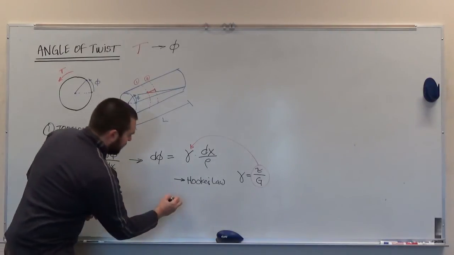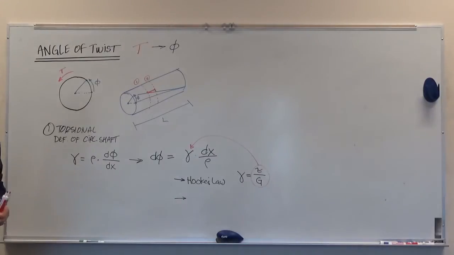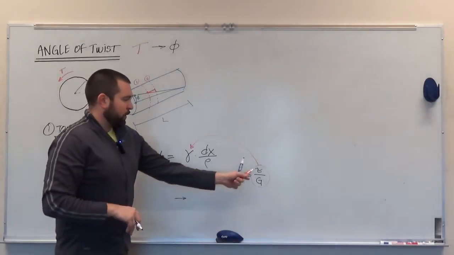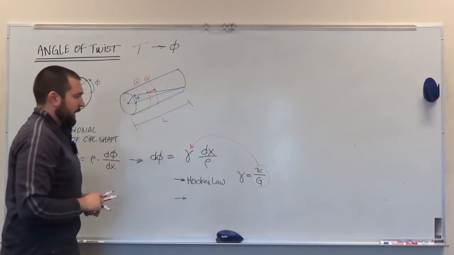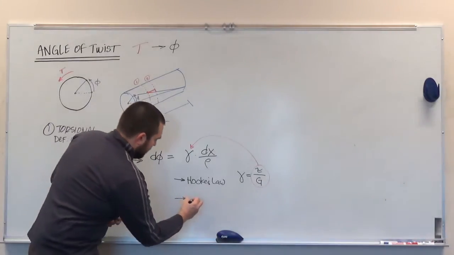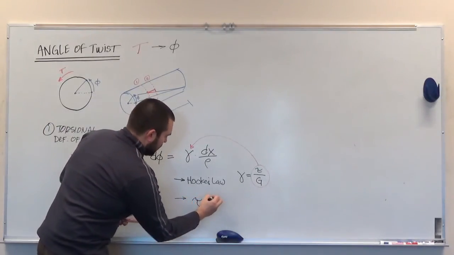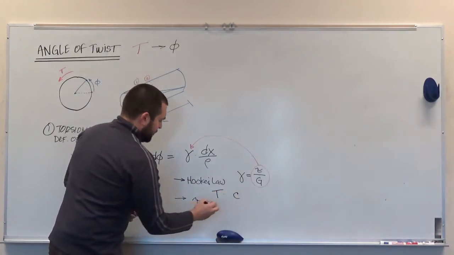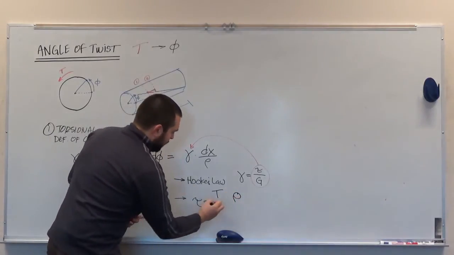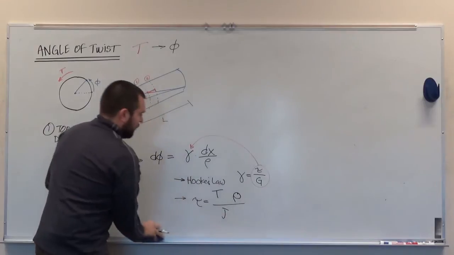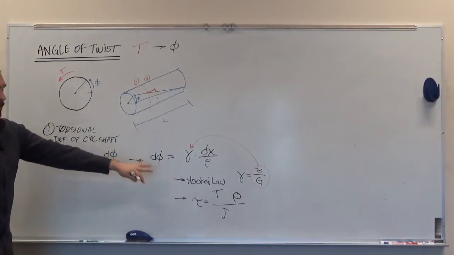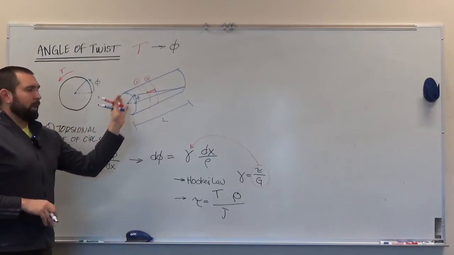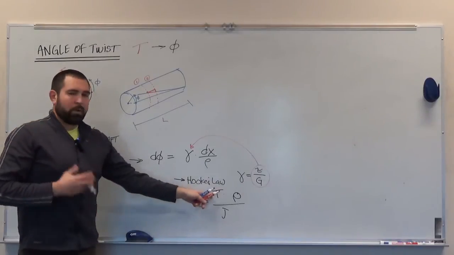All right, so the second intermediate step that we're going to take is that we're going to plug in something else for tau. So when we talked about the torsion formula before, we were able to relate tau to the internal torque, capital T. And so what we said is that tau is equal to the internal torque times the radius, or I'm sorry, times rho, because this is at any intermediate point, divided by J. But in this case, we need to make the formula a little bit more general in the sense that from one side of the shaft to the next, the internal torque might change.